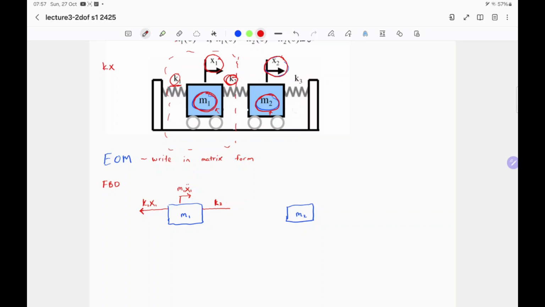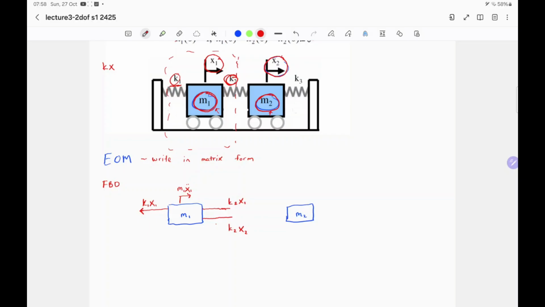So the K2 motion will be affected by x1 and x2. On mass 1 we draw like this, K2 here and K2 here. As I mentioned earlier, we have K2 x1 and K2 x2.